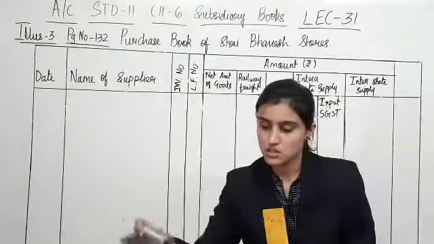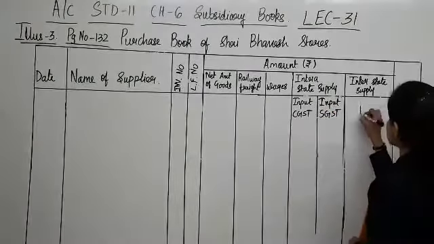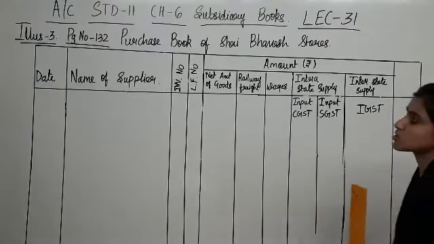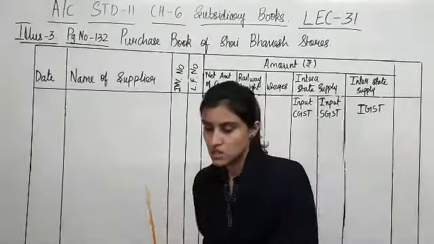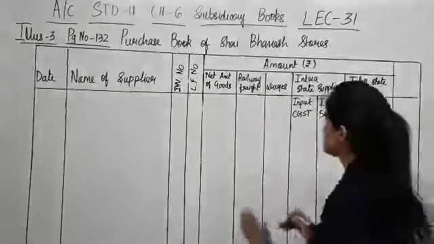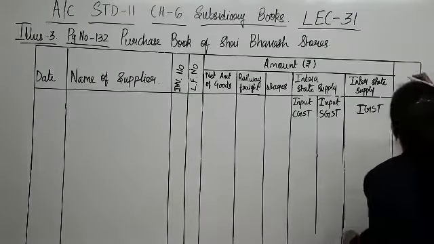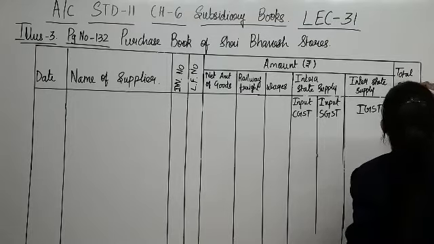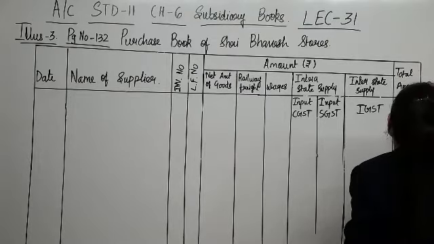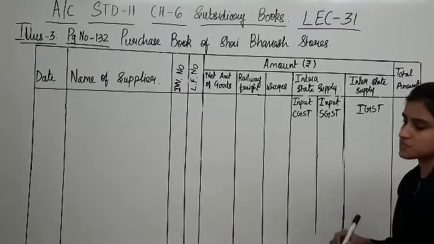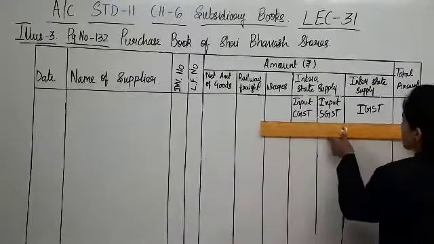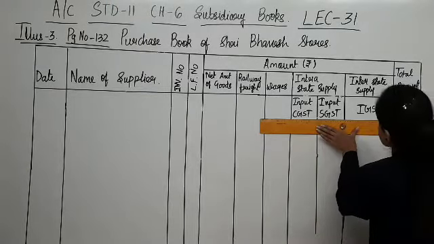You can see. And the last column is for the total amount, total of this entire thing. So that's all. We can start with our sum.